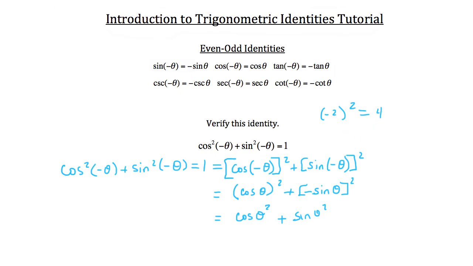Same thing with negative sine theta times negative sine theta. You get a positive sine theta squared. And you know from our Pythagorean identities earlier in this tutorial that cosine theta squared plus sine theta squared is equal to 1. So this does check out. We verified this identity. It's a combination of even-odd identities and a Pythagorean identity.